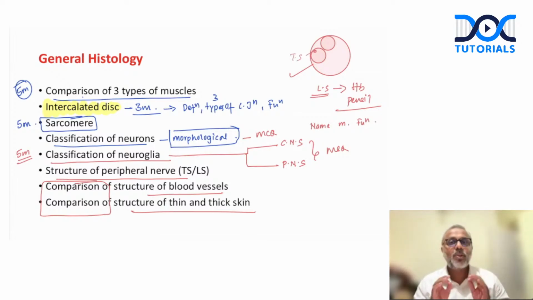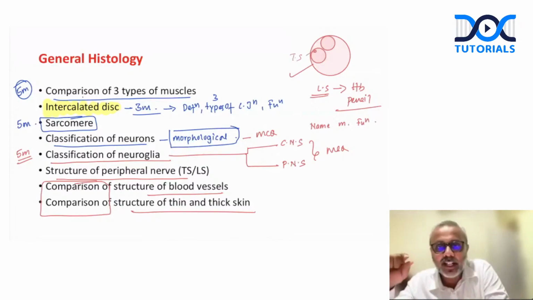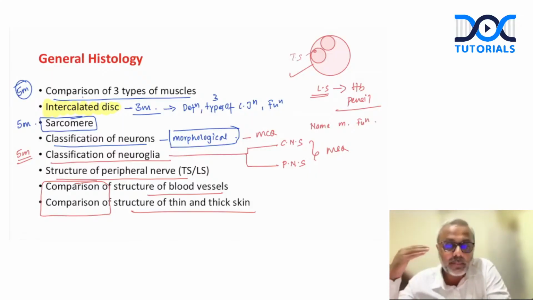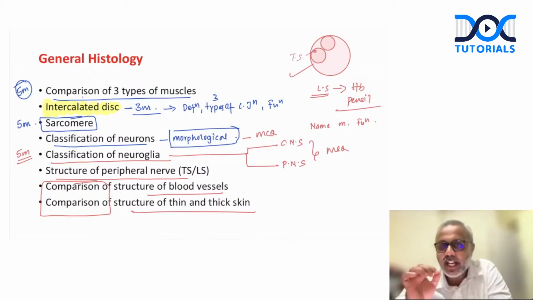Remember, no skin can be present without the stratum corneum. It is only the number of layers that differs. In case of thin skin, the number of layers of the keratin layer is about 3 to 5, whereas in thick skin, it can go up to 50. This is one place where the examiners will definitely play with you.